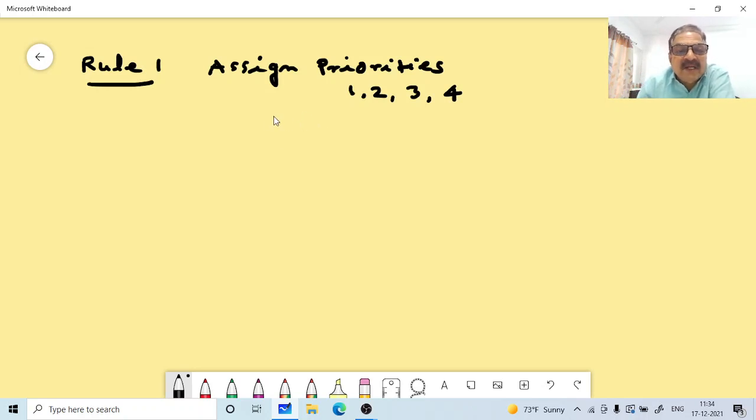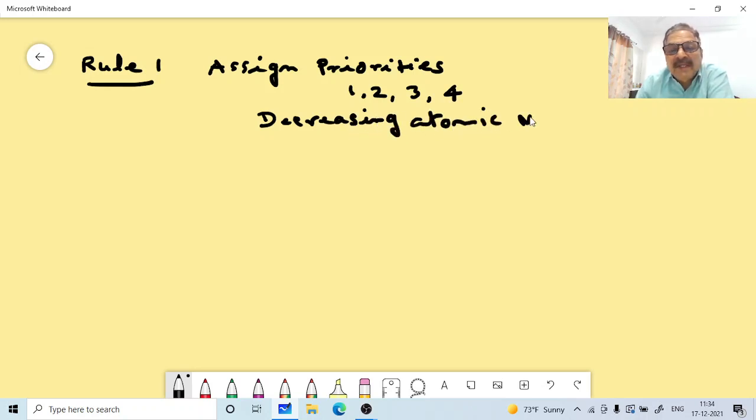So the atom with the highest atomic number will get the highest priority. That means priority number 1 is the atom with the highest atomic number. The atom with the lowest atomic number will get priority number 4.